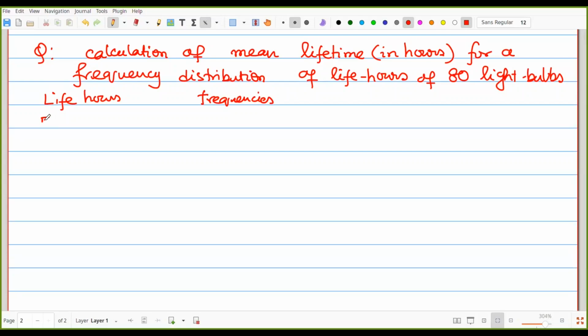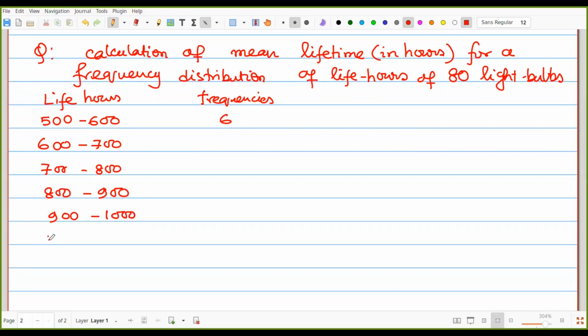The classes are 500 to 600, 600 to 700, 700 to 800, 800 to 900, 900 to 1000, and 1000 to 1100. The frequencies are 6, 12, 25, 18, 14, 5, and the total has been given, that is 80.